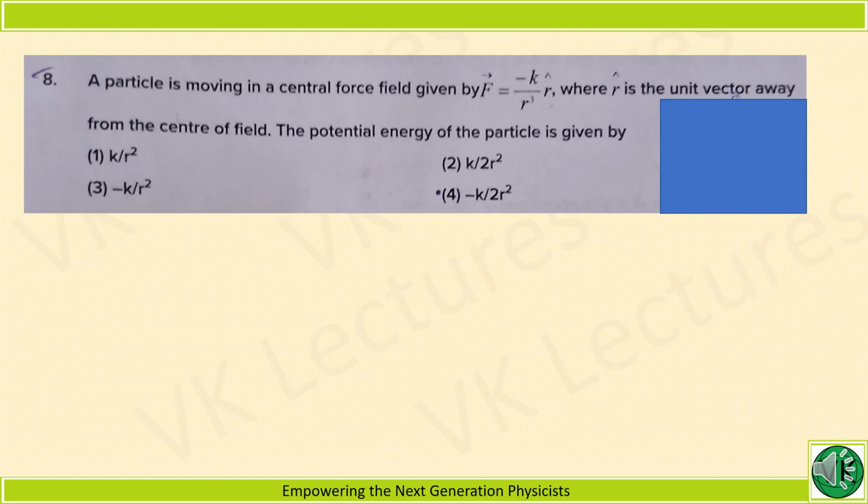A particle is moving in a central force field given by F equal to minus k by r cube in the direction of r cap, where r cap is a unit vector away from the center of the field. The potential energy of the particle is given by minus k by 2r square. The answer is option 4.